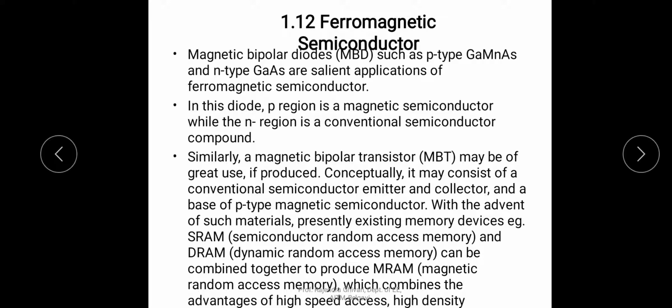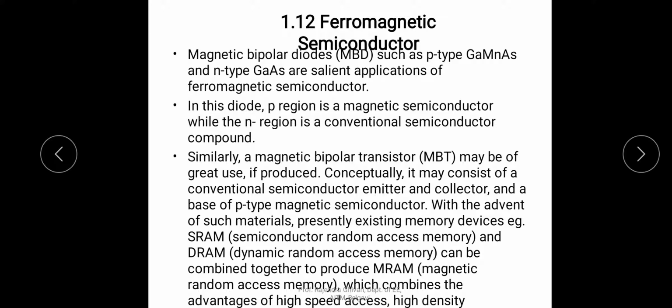Now we'll be looking at how existing memory devices such as SRAM, that is static random access memory, and dynamic random access memory, that is DRAM, can be combined to produce an MRAM, that is magnetic random access memory, which combines the advantages of high speed access and high density.